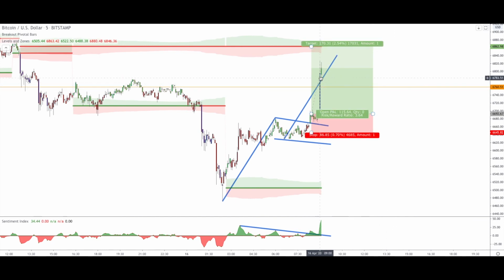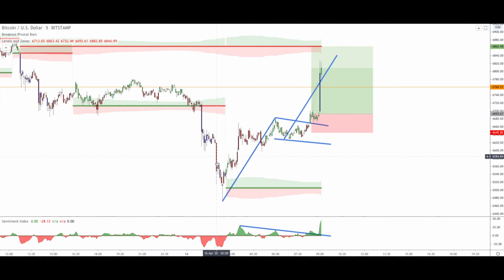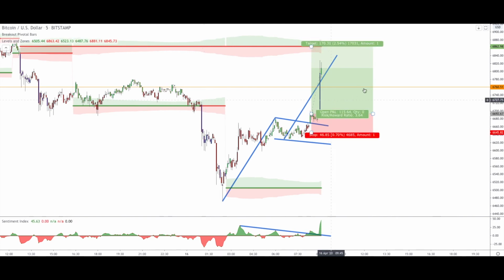Because when you have this kind of candles, as I explained before, there is a high chance that the price continues without retracing. So I do not expect the price will come down any further than this, but if it does, then I'm taking quite a decent amount of money.